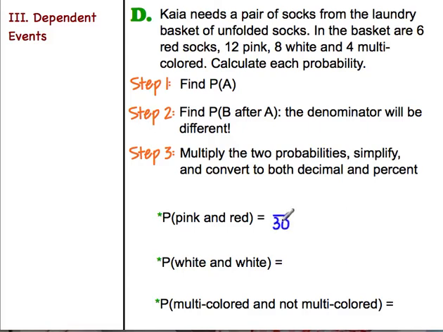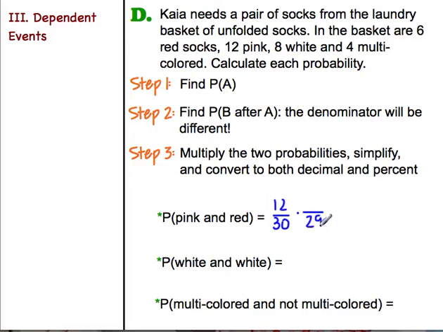And of those 30 socks, 12 are pink. Now we're going to assume that we then pick that pink sock out of the laundry basket. And so now we no longer have 30 socks in the laundry basket for Kaya to choose from. We now have 29 socks.